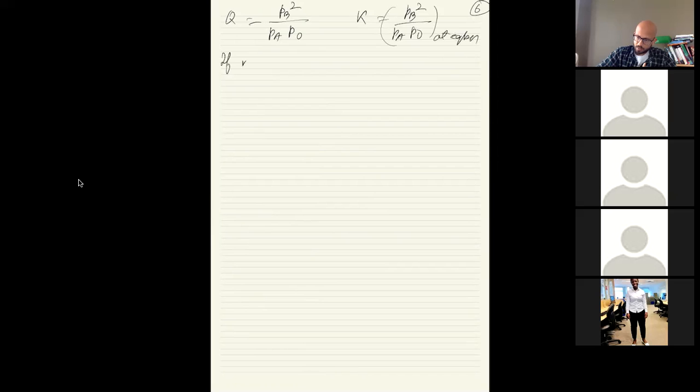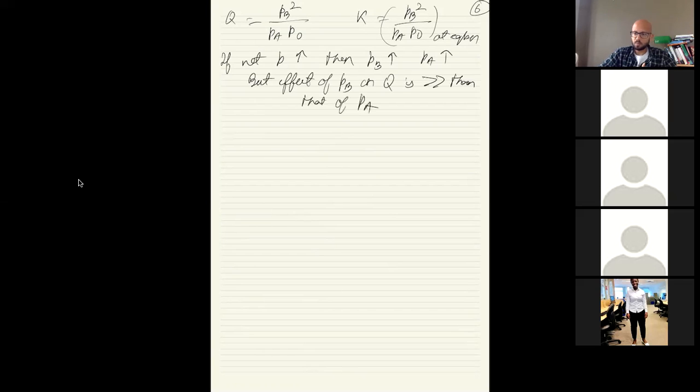If net P increases, then PB increases, PA increases, but the effect of PB on Q is much more than that of PA, right? Because PB comes with a square. Is this Le Chatelier? Yeah, this is Le Chatelier.